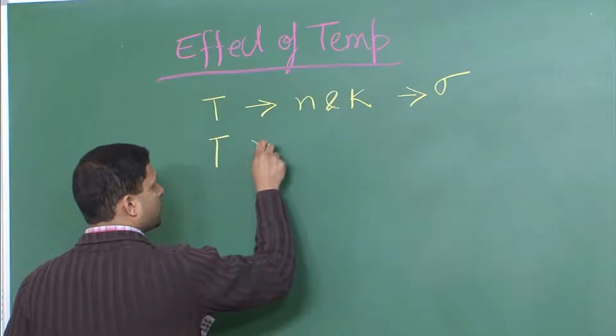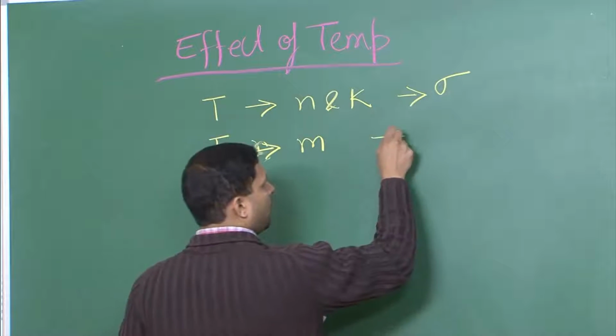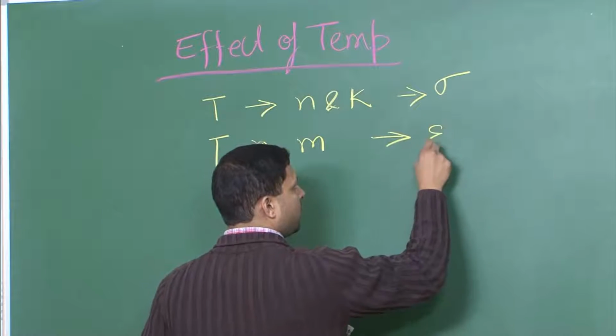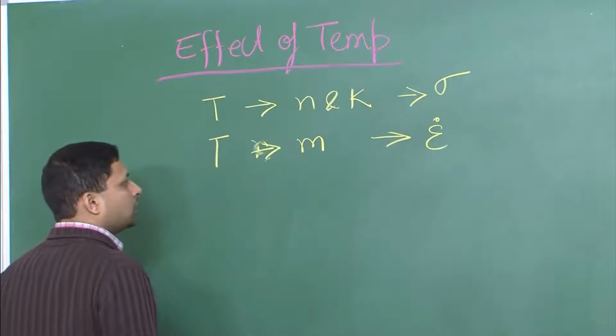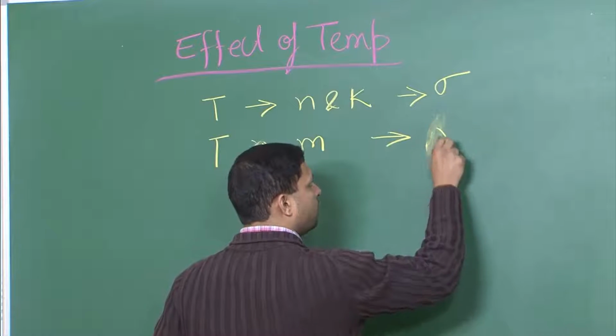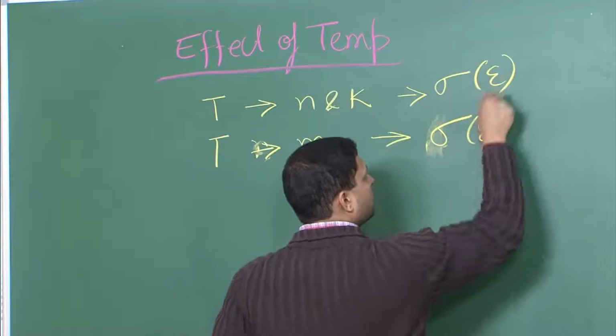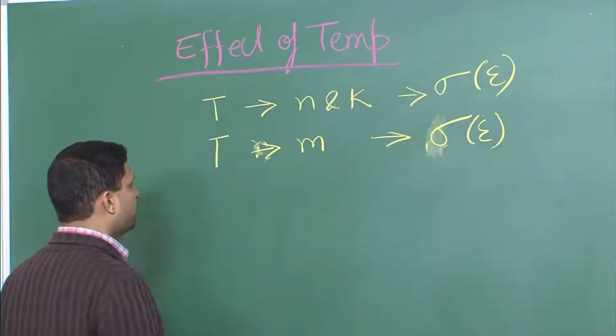Temperature also affects M, which is the strain rate sensitivity, and hence the effect of flow stress due to strain rate, like in here it is flow stress because of strain.